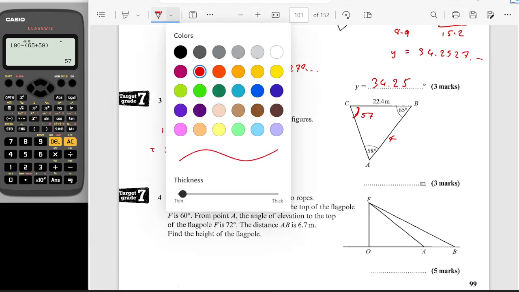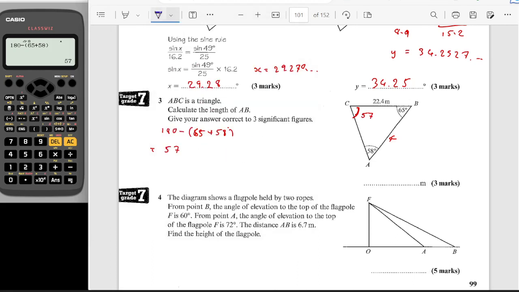And from there, I'll change pen colour because it's the second stage of my working. I'm going to say that x over sine 57 is going to be equal to 22.4 over the sine of the opposite angle. So don't get that confused, sine of 58.